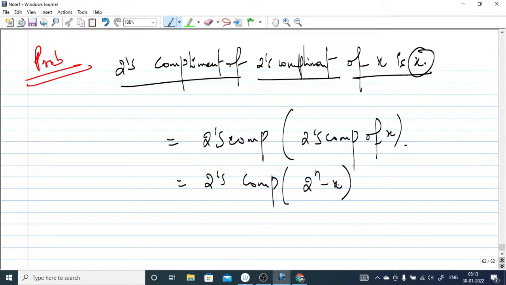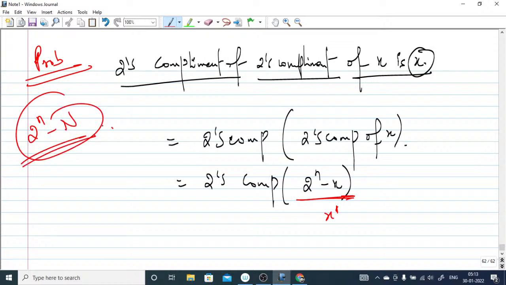You can call this x dash, because the 2's complement formula is 2 to the power n minus x. So you can say 2 to the power n minus x dash. This is the number now, and you have to find the 2's complement of this.